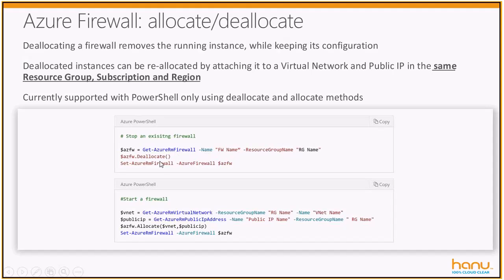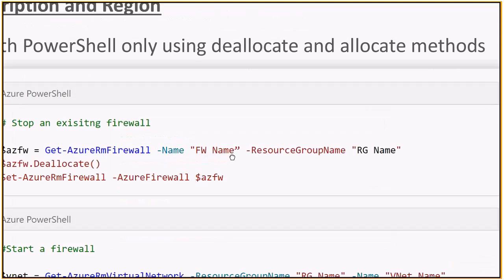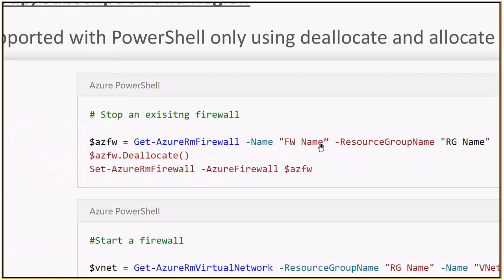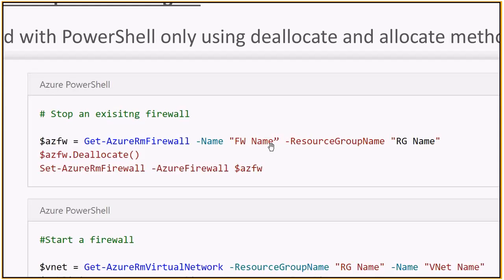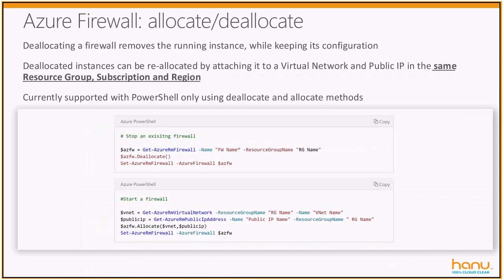You can easily deallocate it. Once you deallocate it, it will go away from your network, like it is working with your VNet.